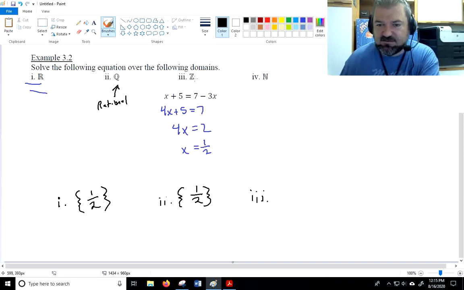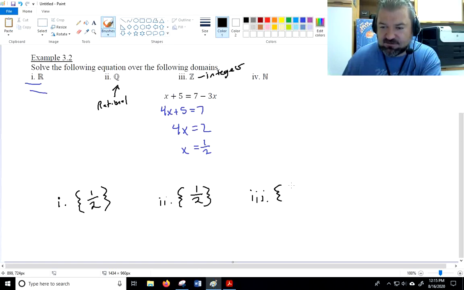Now, Z is integers, right? This is the integers, and that is for numbers that have no fractional part. So this 1/2 is not allowed. So my solution set here is no solution. It is the empty set. So you see how my solutions change based on the domain I'm solving it over.